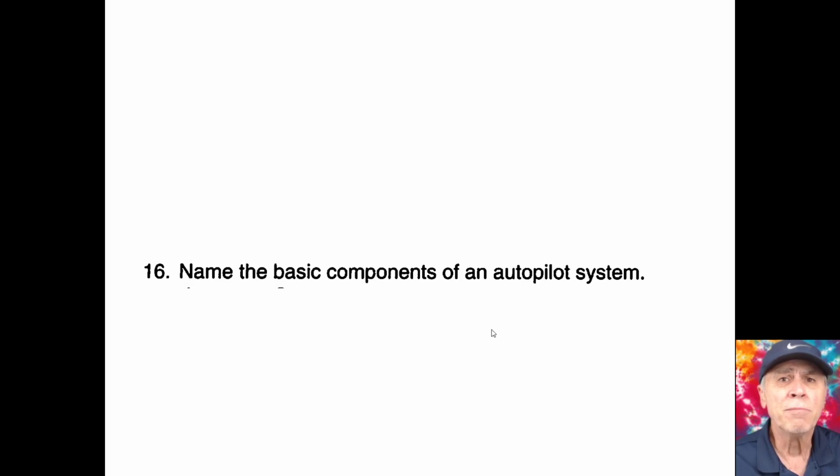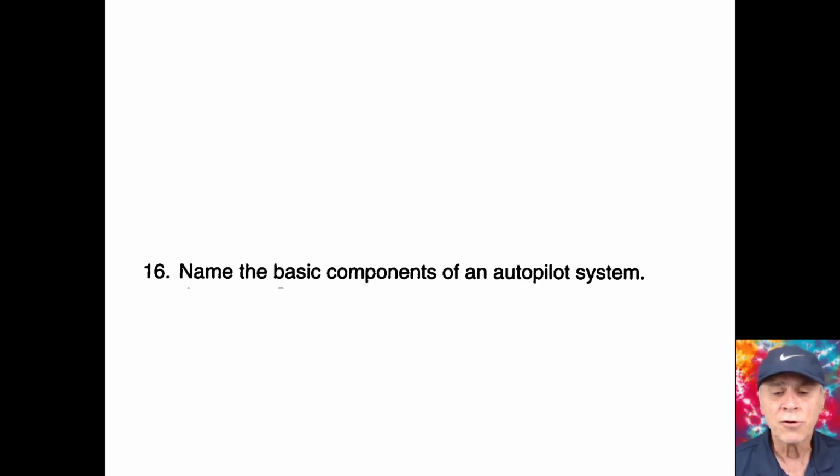Name the basic components of an autopilot system. Okay, I guess go right through either the block or the steps. You have the sensing elements, which you can name the various gyroscopic instruments in the altimeter. You have in effect a computer. They may call it the control.